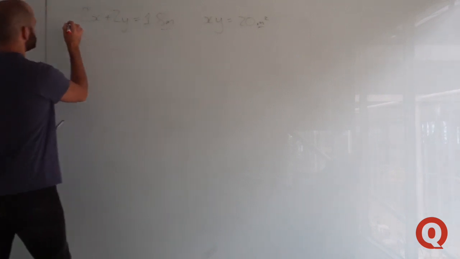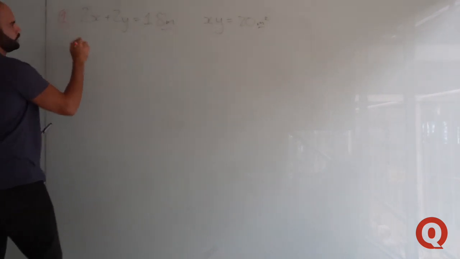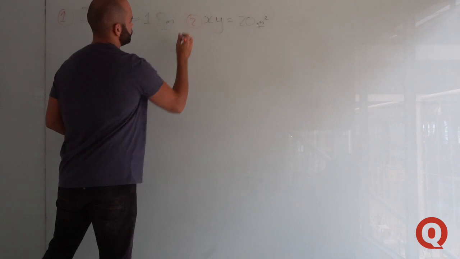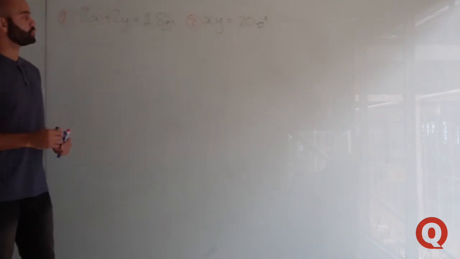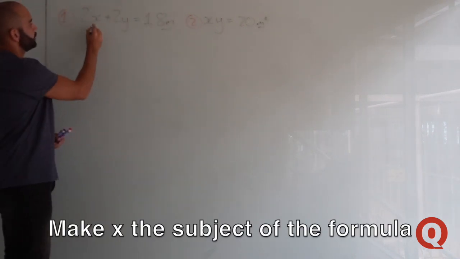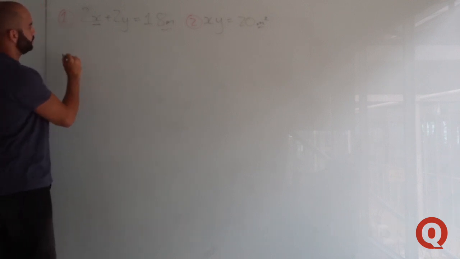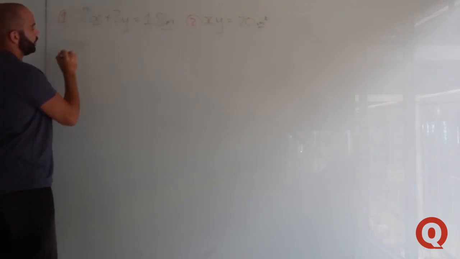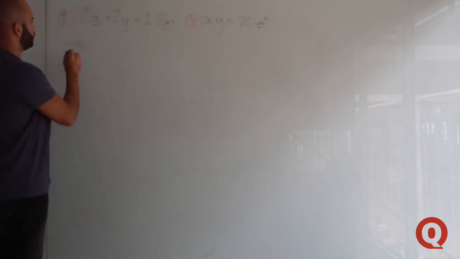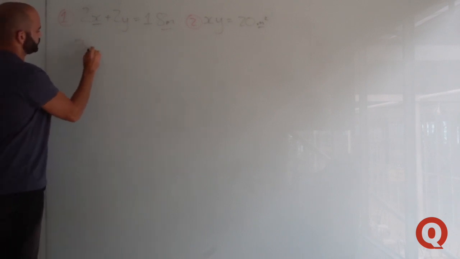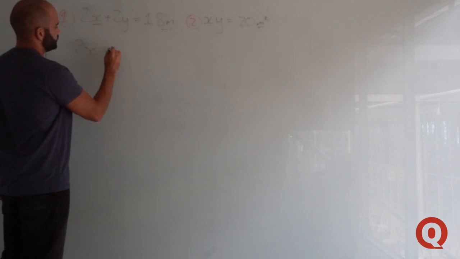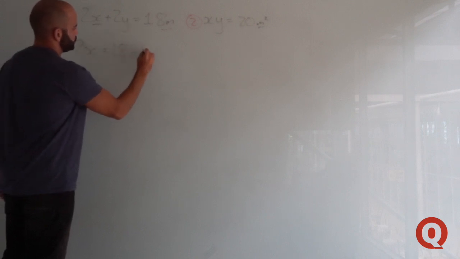So let's denote this as equation 1 and denote this as equation 2. The first step we should start with is making x the subject of the formula. So taking equation 1, we take x now and we want to make it the subject of the formula. So we have 2x equals 18 minus 2y.